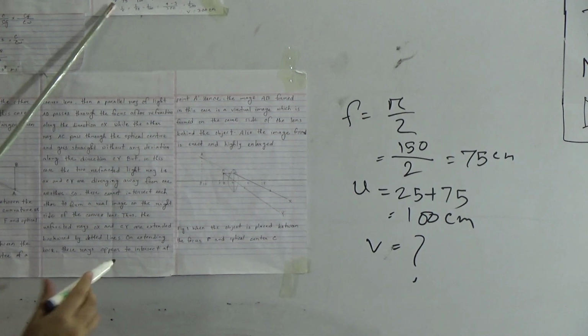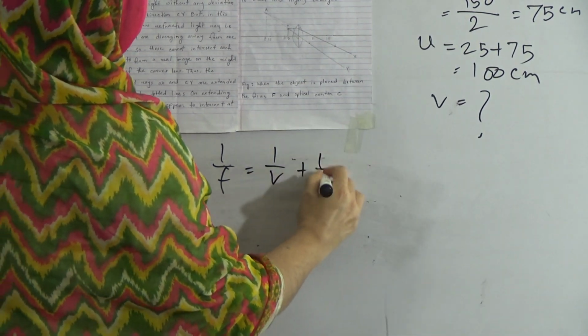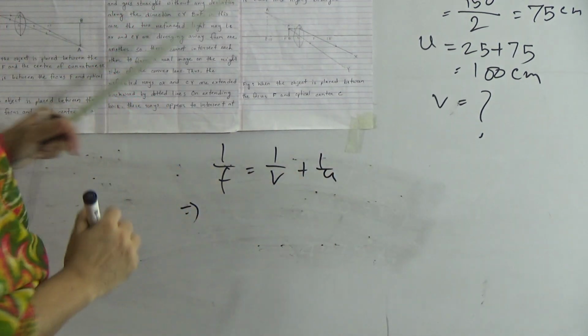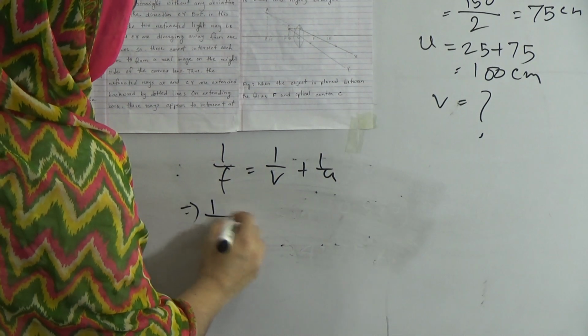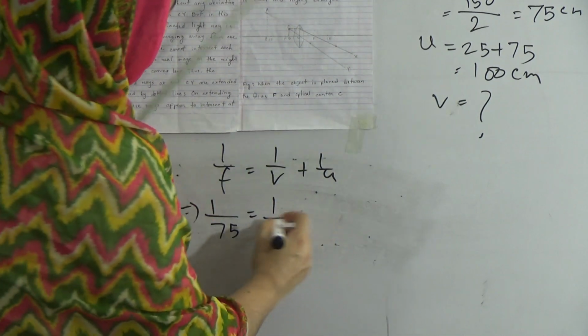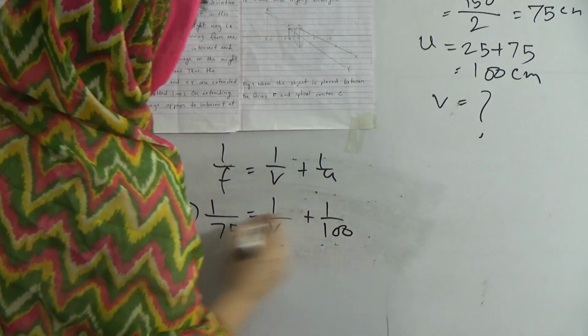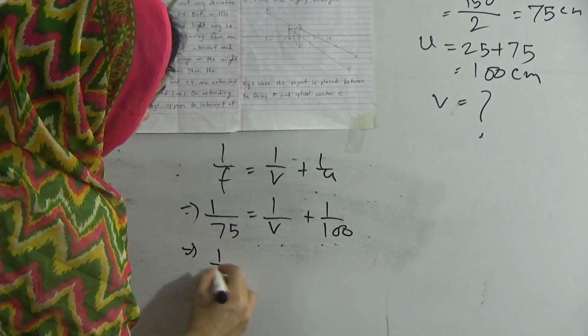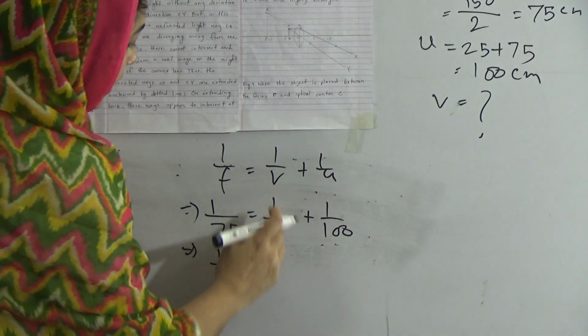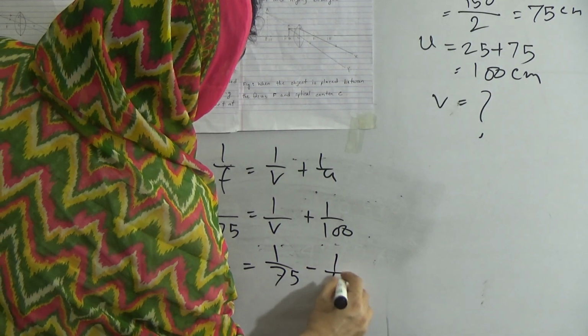My dear students, we know the formula is 1 divided by F equals 1 by V plus 1 by U. Now put the value: 1 divided by F, that means 75, equals 1 by V, which we have to find out, plus 1 by U, that means 100. So 1 divided by V equals 1 divided by 75 minus 1 divided by 100.